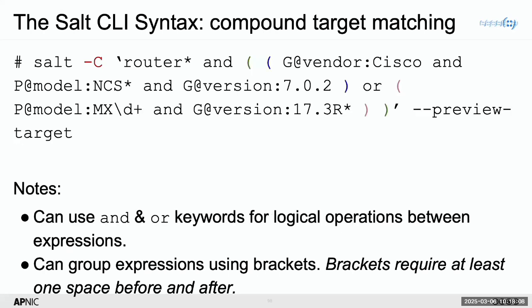This is again the example for the compound target, and we can have an and or or combination, because in case of and all the matches should be true. But if you want to have or, like either this version or this version, but the vendor should be Cisco and the model should be NCS, then you can use the combination of or as well.